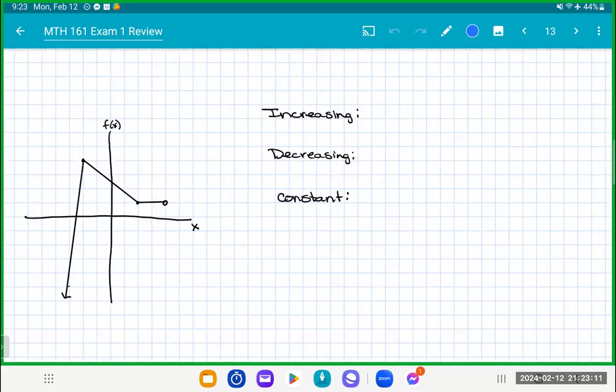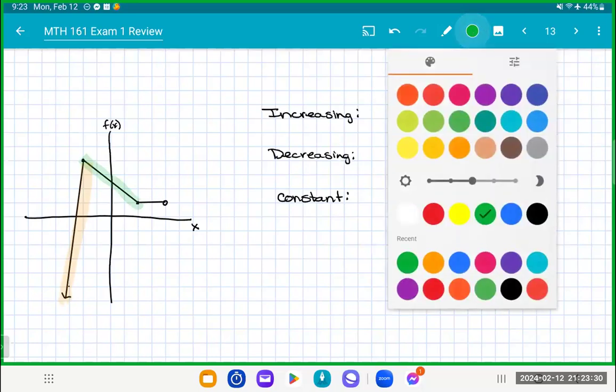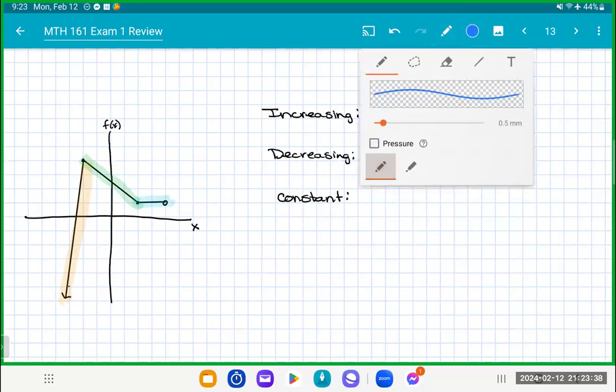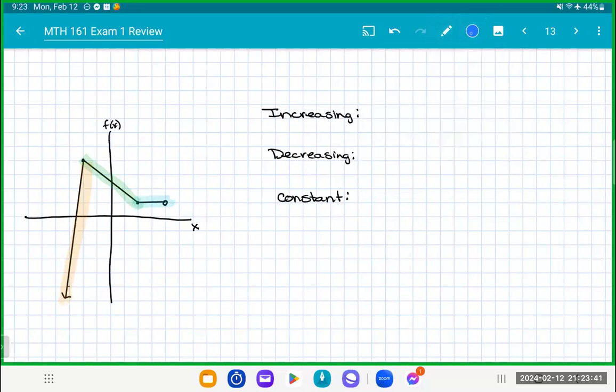All right, so for this graph, we're looking at where we increase, decrease, or stay constant. We're increasing on this portion. We are decreasing on this portion. And we are constant on this portion. So we're increasing on the interval from negative infinity to negative 2.